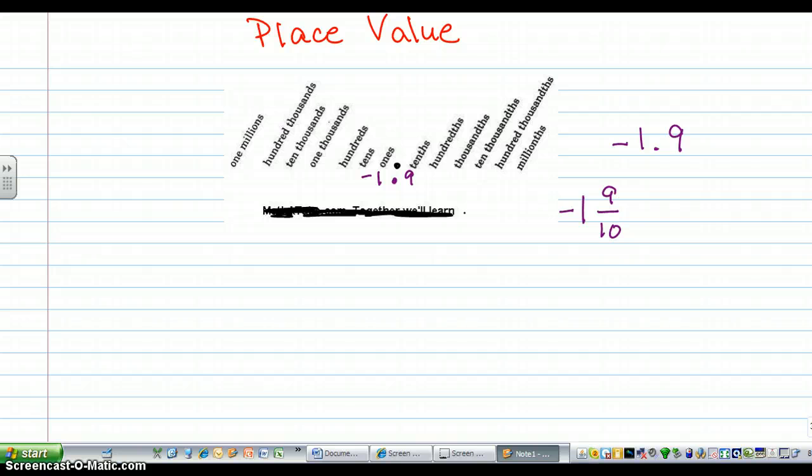There's a good number line picture in your book on page 162 in your math book that you can take a look at to give you some more information.